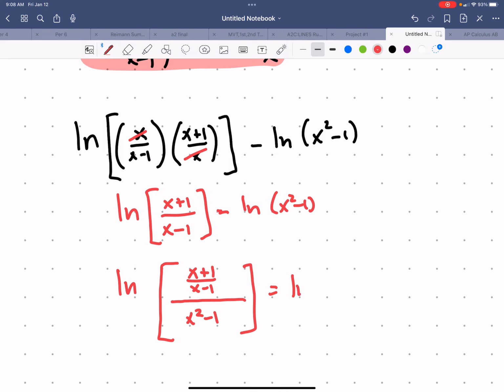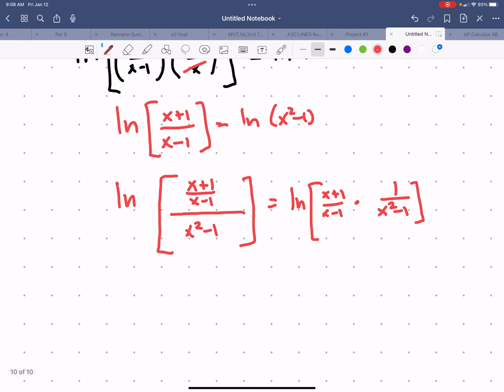All right, so this is going to turn into x plus 1 over x minus 1. And I'm going to rewrite this as 1 over x squared minus 1. That makes it easier. Okay? These are the same thing. And now I'm going to factor the right side, the x squared minus 1.